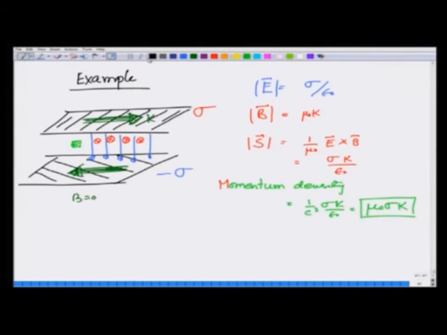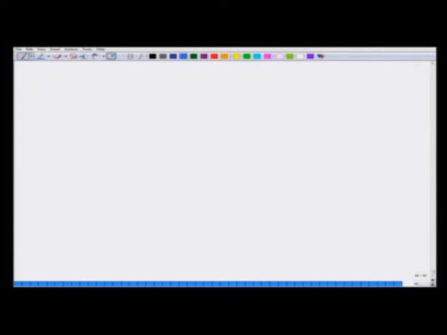How we are going to show that this is really the momentum density contained here is I am going to switch off k at the rate k dot. When we switch off this current k, this is going to reduce the magnetic field. If we reduce the magnetic field which is going into the board, let us go to the next slide.